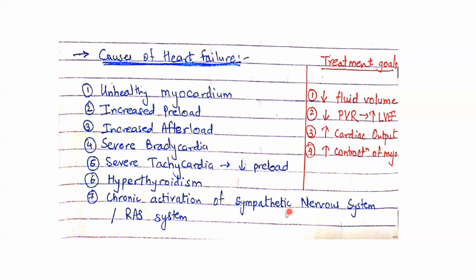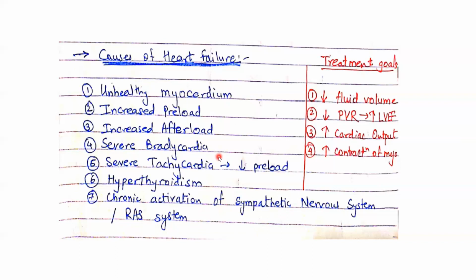So basically it tries to stimulate the heart. So if chronically it is activated as a compensatory mechanism, eventually your heart will undergo some pathological changes which can lead to heart failure. How? That we can discuss in our next conversations. And the role of RAS also we will discuss in our next lectures.